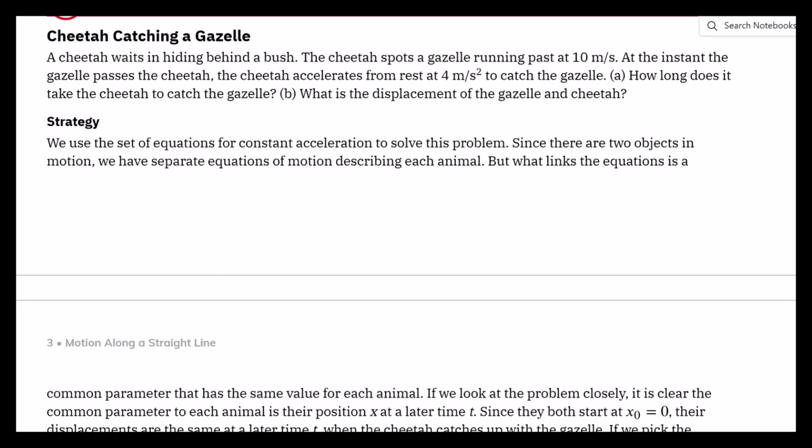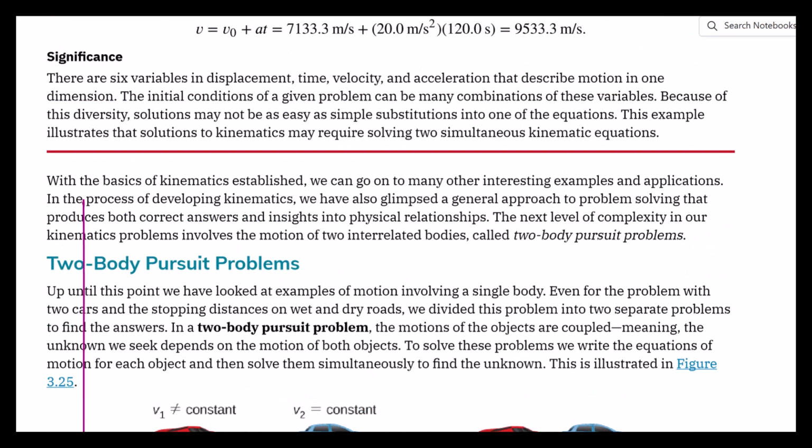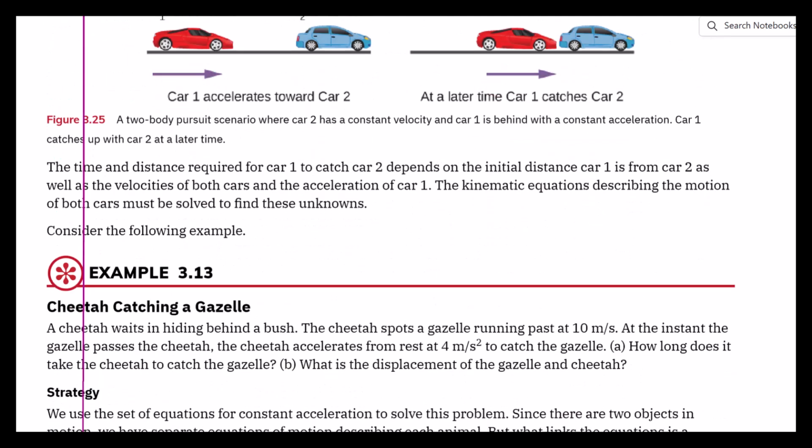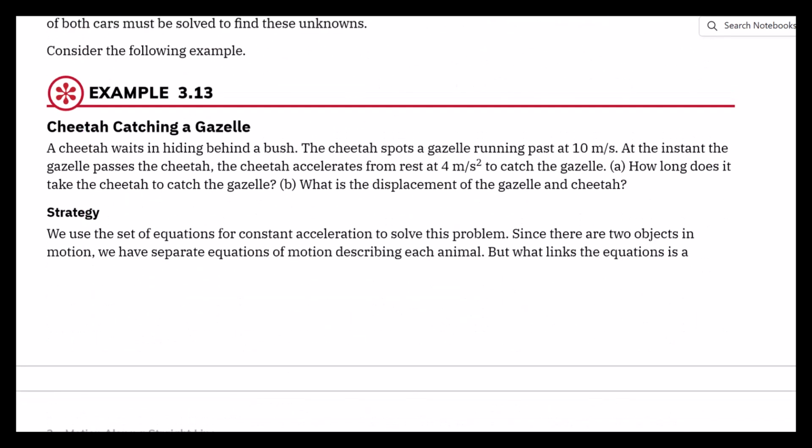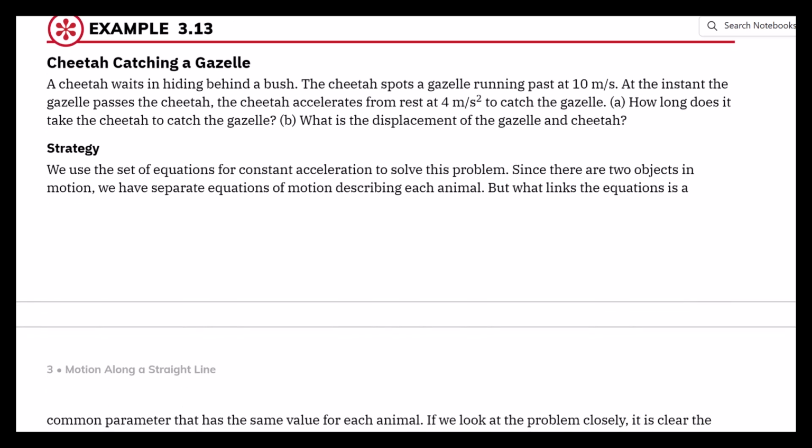Okay, so I've got cheetah. Cheetah's hanging out. The velocity of the cheetah is given by the acceleration times time plus her initial velocity, which is 0.